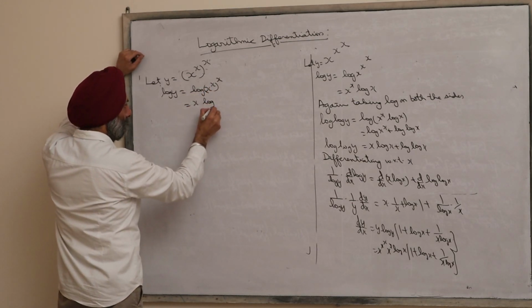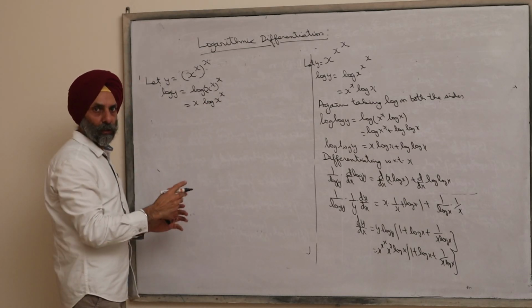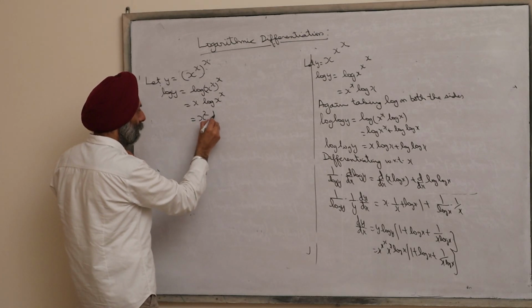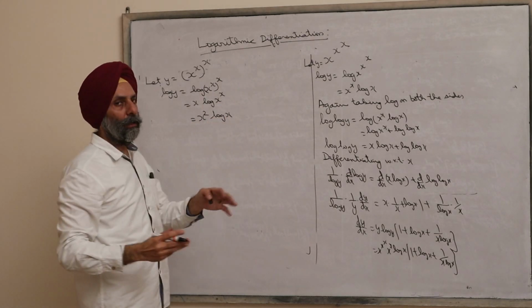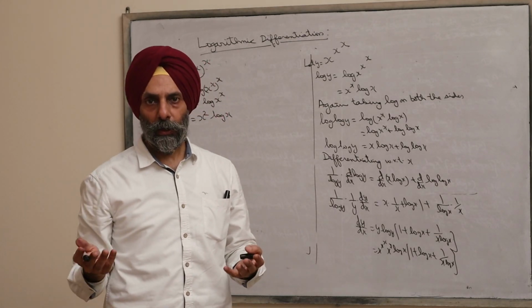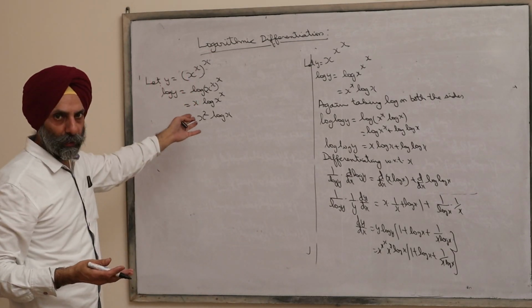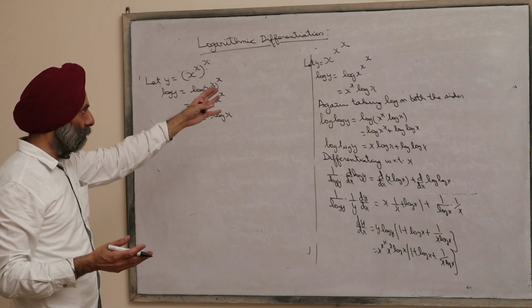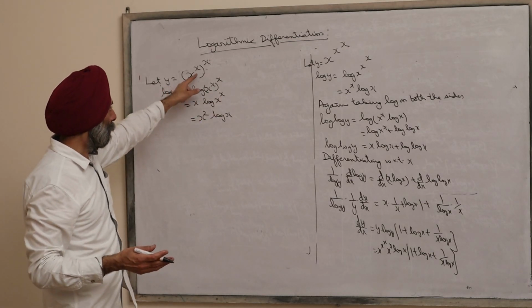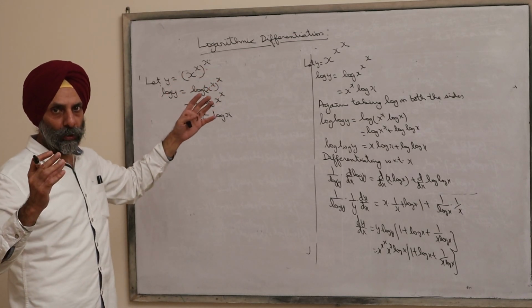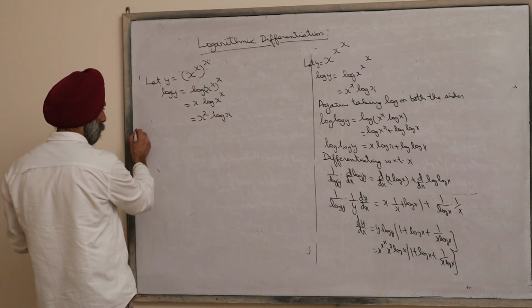It is x log of x raised to power x. So what is the difference here? Still log of m raised to power n. Now it is x square log x. There is no need to take another log, straight away you can differentiate this function and you will be able to get the answer. This is the only difference between this question and the previous question. That is, it is x raised to power x whole raised to power x, this bracket is put here.